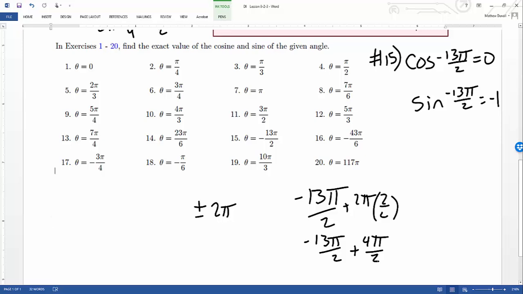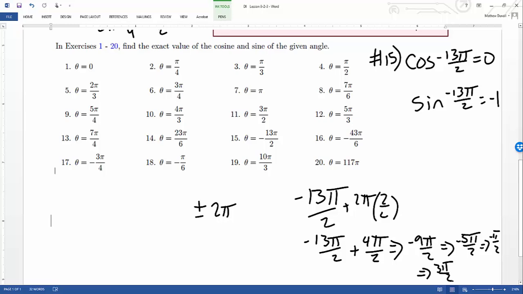If I keep adding 4 pi halves, then I get negative 9 pi halves. Well, if I add another 4, you're going to get negative 5 pi halves. If I add another 4, that's going to be negative pi half. If I add another 4, that's going to be 3 pi halves.